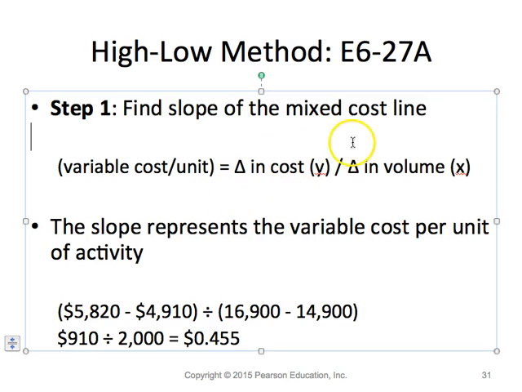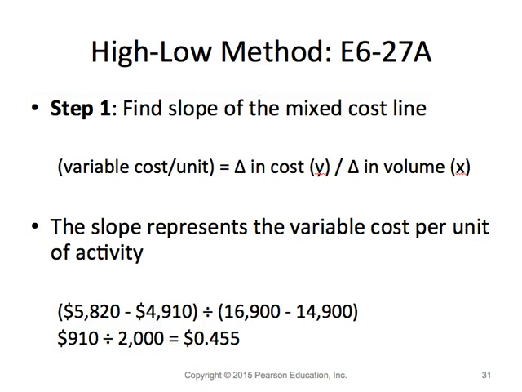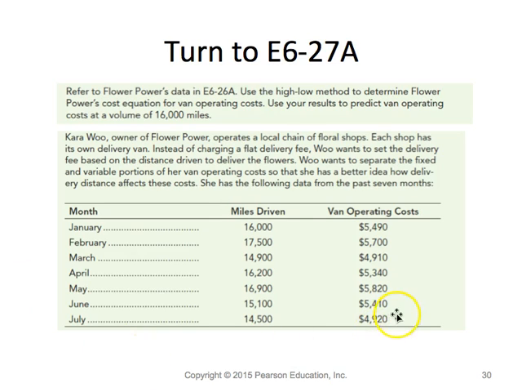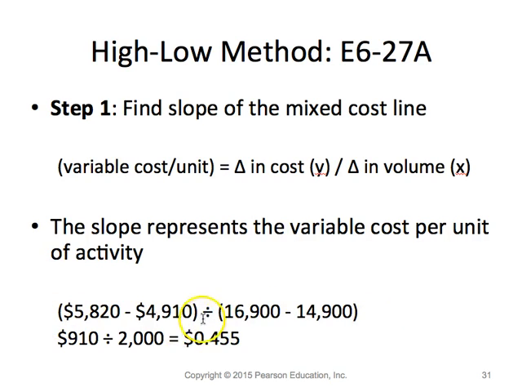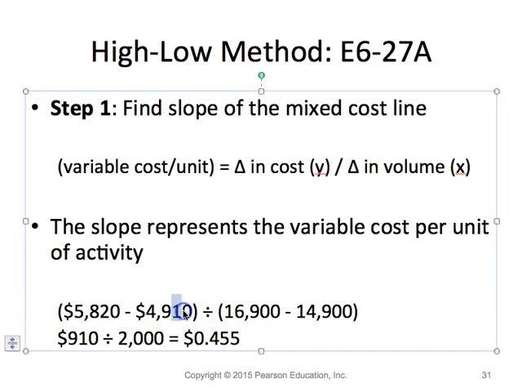So the slope represents the variable cost. Oh, they do have this one. So it's 4,910, is it right? Let me see here. 4,920? That's weird. 5,820, 4,920. Haha. All right, there is a mistake here.